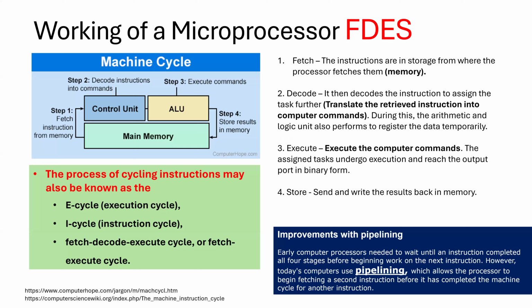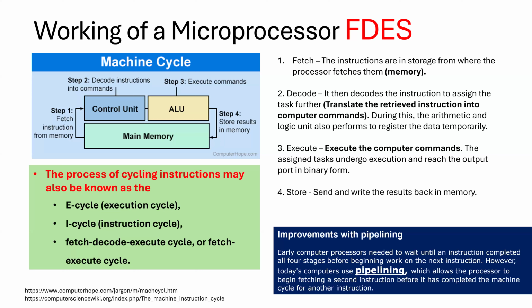The major cycle that happens there is what we call FDES, a cycle of fetching information or a command from the memory, decoding it by the control unit, and then the ALU executes it. The output is equally what's stored in the memory, from where it is either sent to an IO or sent permanently to what we call the secondary memory. Memory is always referred to as primary memory.